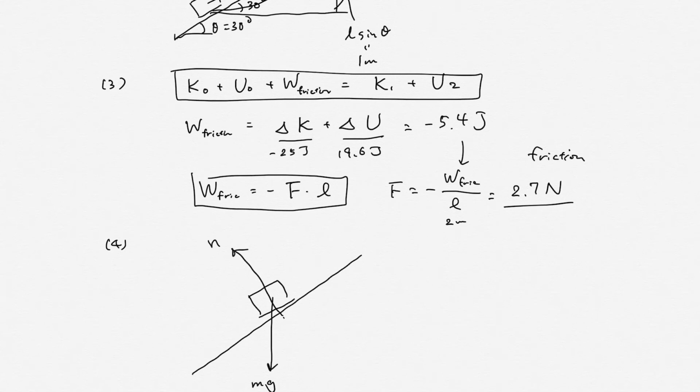Then gravity is decomposed in the direction of the normal force and the direction parallel to the slope. So this is 30 degrees. Then this becomes mg cosine theta. So this is square root 3 over 2 mg.